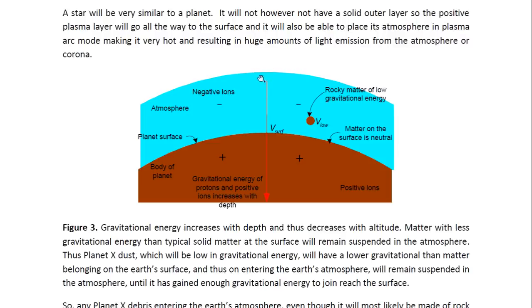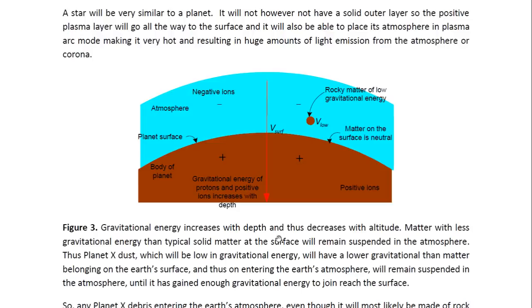So at the top of the atmosphere, you have the lowest gravitational energy. And this is also where you have very low density particles that have much lower gravitational energy than the dense matter that occurs in the inside of the planet. So gravitational energy increases with depth and thus decreases with altitude.